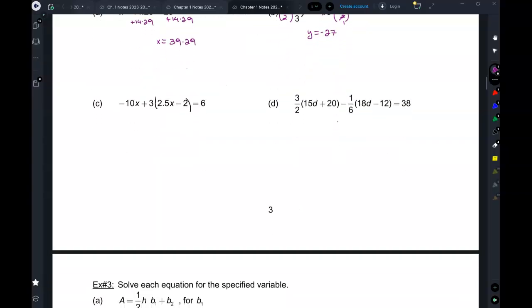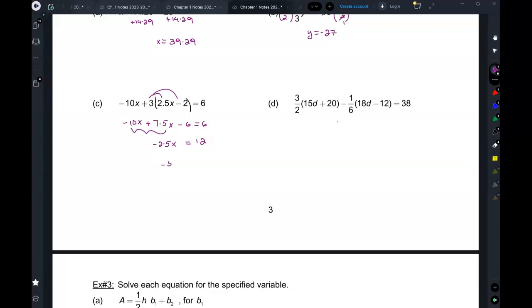Okay, moving along. Here we're going to do some more work. So this is negative 10x plus, distribute the 3, so we get 7.5x minus 6 is equal to 6. So here I get negative 2.5x is equal to 12. Now, the negative 2.5x, you have to divide, right? But I don't want to divide 12 by 2.5, especially if I don't have a calculator.